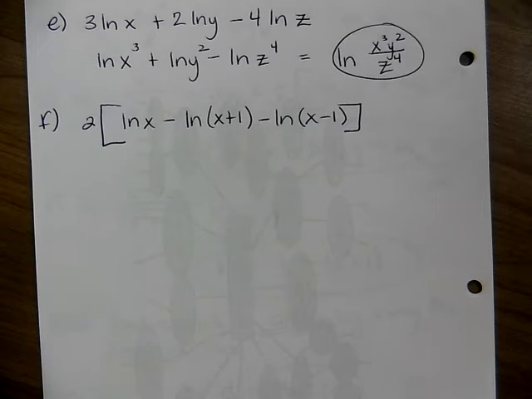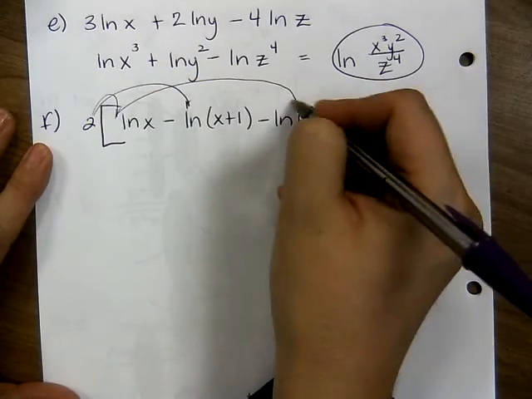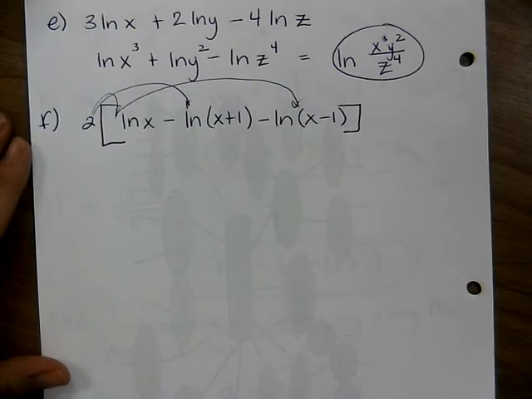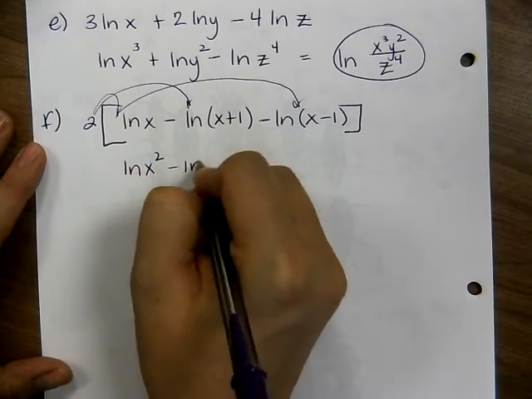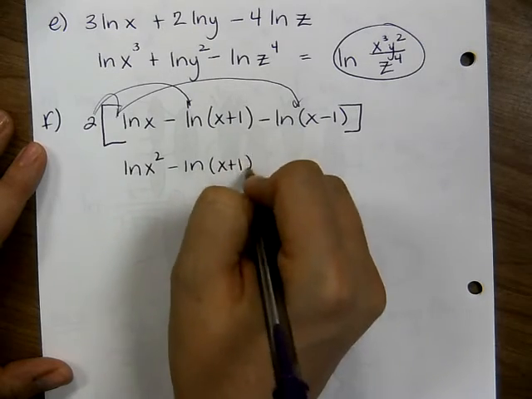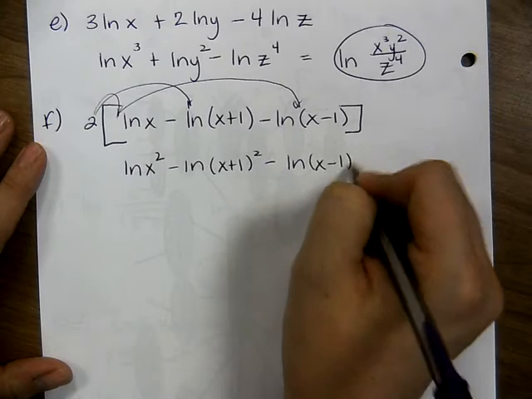Okay, so this 2 out front is really being distributed to all 3 of those pieces, right? And if we distributed a 2 to all of these pieces here, wouldn't they really just become all of those exponents as a power of 2? So this is really like having natural log of x squared minus the natural log of x plus 1 squared, right? Minus the natural log of x minus 1 squared.